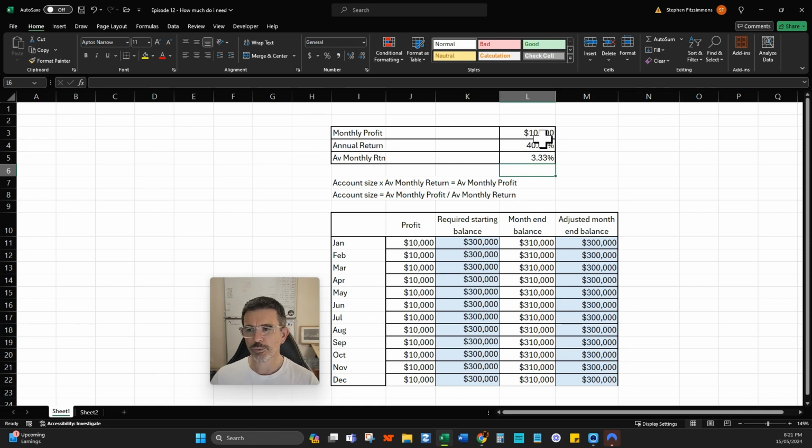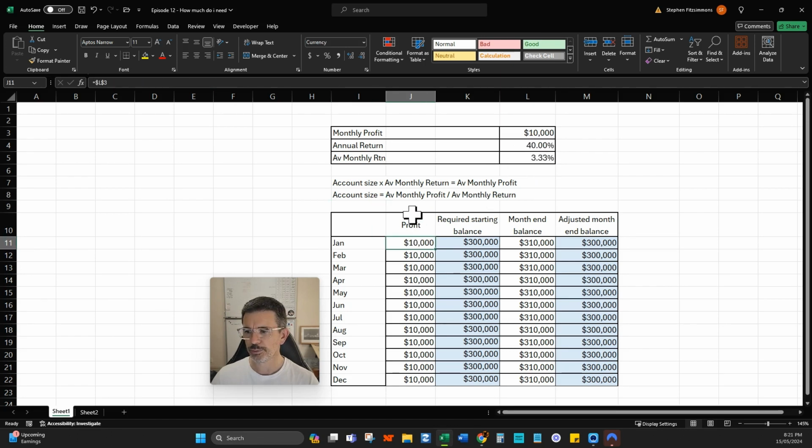But because he wanted to know what account size he'd need to be able to take $10,000 a month profit, you just have to tweak that equation a little bit, and it becomes: the account size is equal to the average monthly profit, so that's 10,000, divided by the average monthly return, and that's the 3.33% we got there.